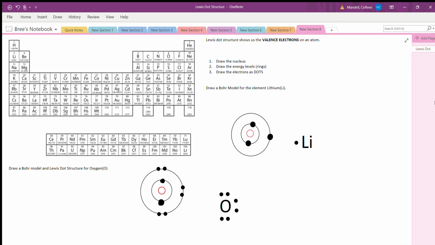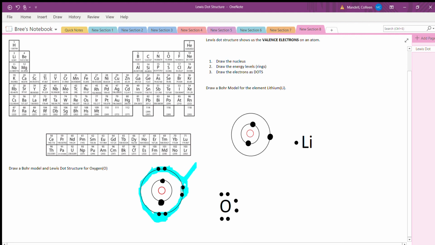So basically, you are just taking valence electrons. Let's see, what's a highlighter? There's one. The most outside shell is valence electrons, right? I'm really bad at highlighting, apparently.